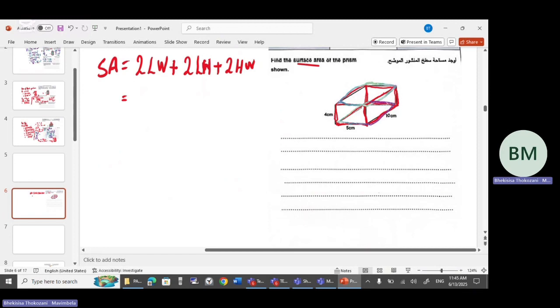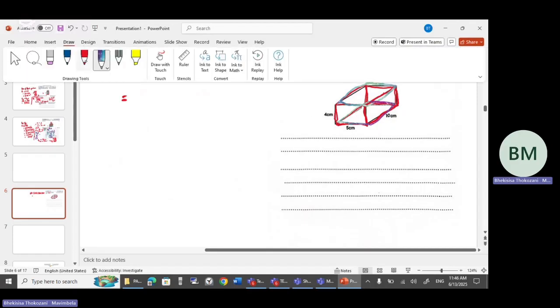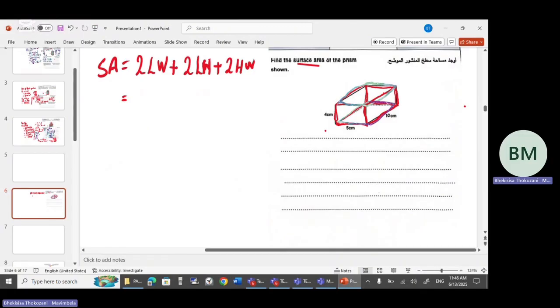I hope this now makes sense, guys. So I'm going to start now by labeling these. And let me start by saying this will be my height. I'm just going to use red, guys. So my 4 here, I will use it as my height because it tells me how high the box is.